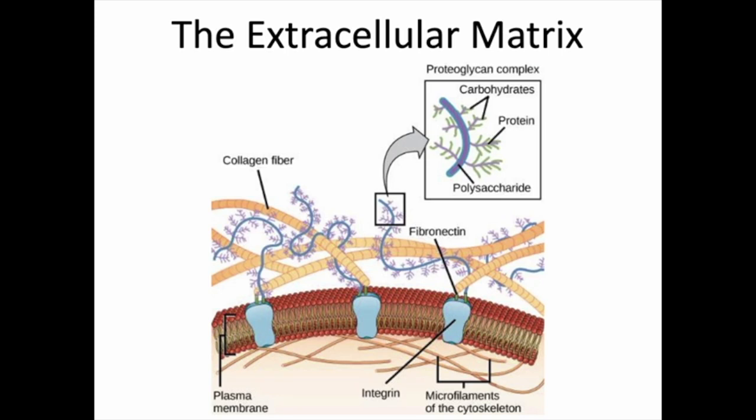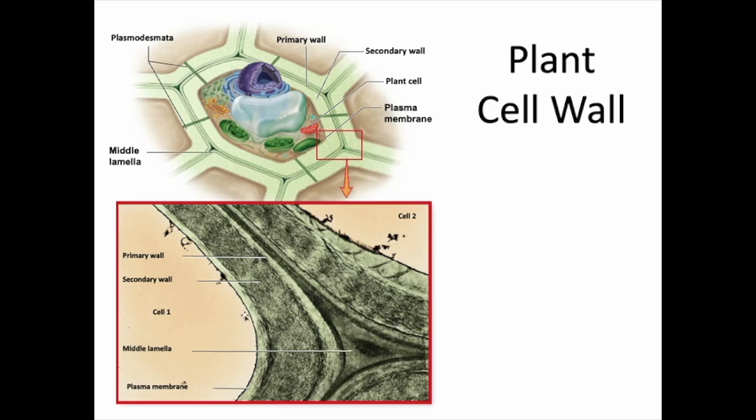Instead of being a very thick, rigid wall of polysaccharides, the extracellular matrix is a loose amalgamation of proteins and carbohydrates just sort of stuck together. So this is a good protective barrier, but it's not as much of a shell as the cell wall of plants.